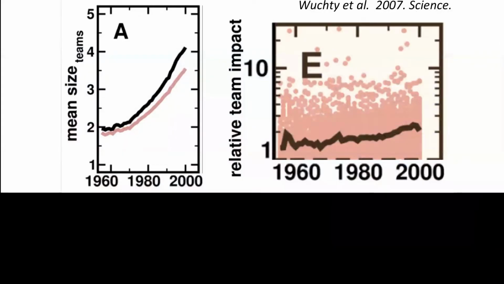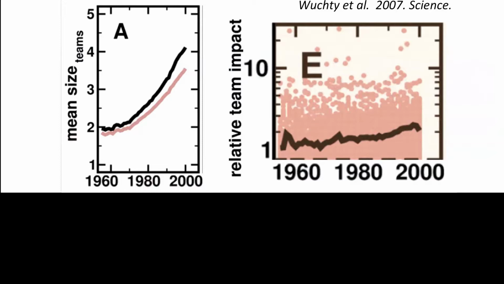And this is reflected in the metrics. So traditional metrics like citation or impact factor, but also some of the newer metrics that are being developed in part to try to understand the impact that team science is having on the development of science. This is a paper by Wuchty et al. from 2007.